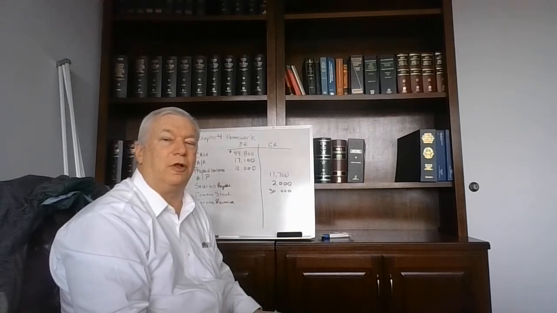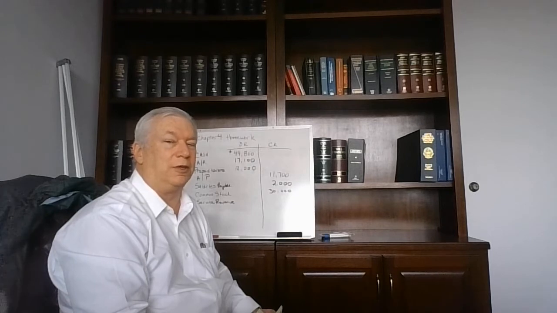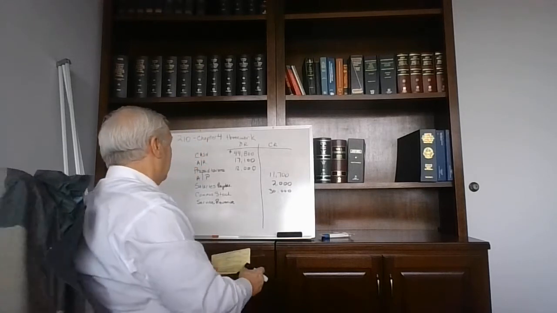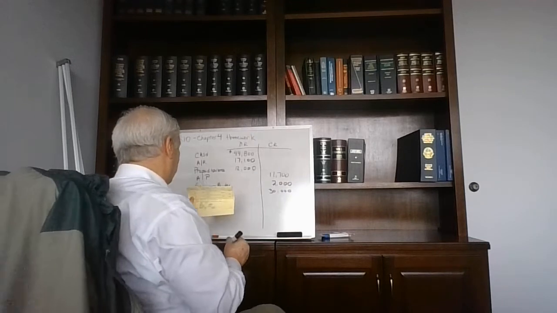This is not the closing trial balance. Okay, so this is the adjusted trial balance that we're going to use to prepare our financial statements, the income statement, and the balance sheet. But it's not the post-closing adjustments. The closing adjustments are not yet done yet.